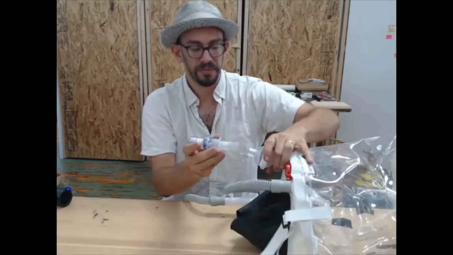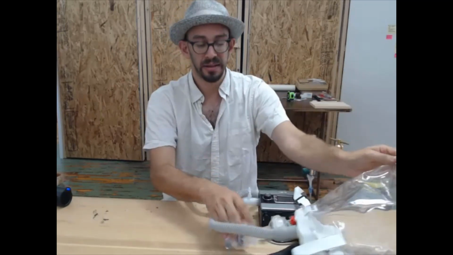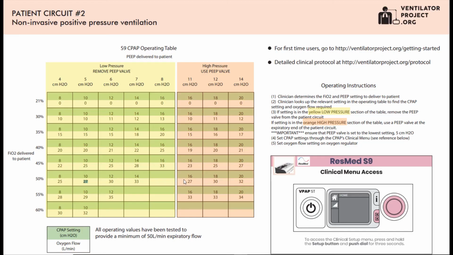Take the PEEP valve, put it on after the viral filter, and let's now pick a treatment parameter we want to give to our patient. So let's say I want to now deliver 12 centimeters of water pressure at 50% FiO2. So I go across 12 and 50, and I find these two values, 18 centimeters on my CPAP.